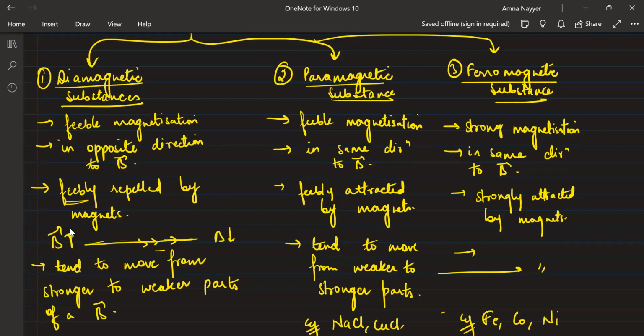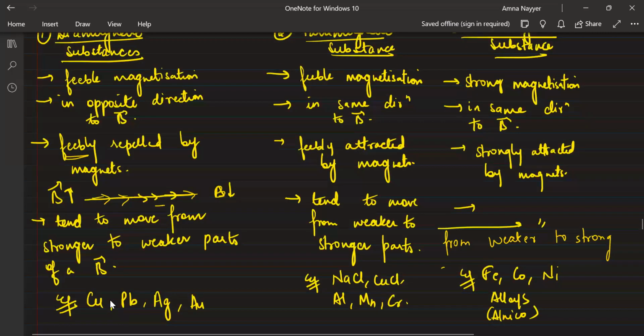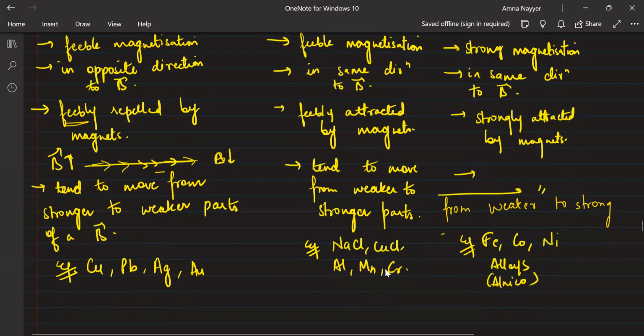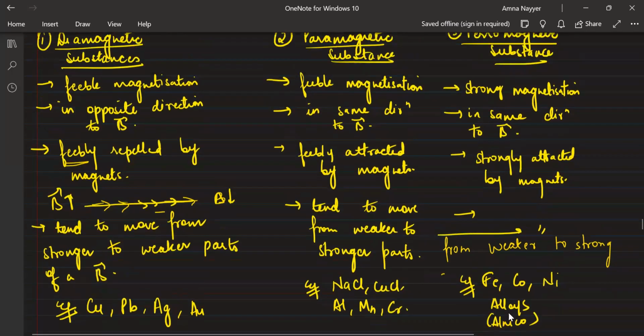And see, diamagnetic substances tend to move from a stronger region of magnetic field to a weaker region, while paramagnetic and ferromagnetic substances tend to move from weaker to stronger. A few examples you should remember: copper, lead, sodium chloride or copper chloride for diamagnetic, and for ferromagnetic the alnico alloys or iron, cobalt, nickel.